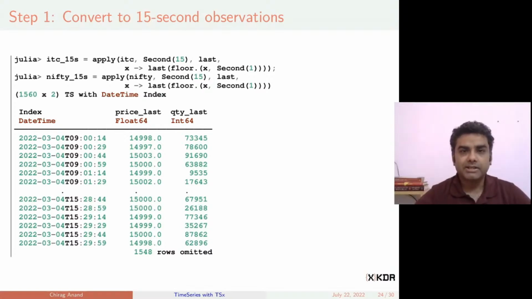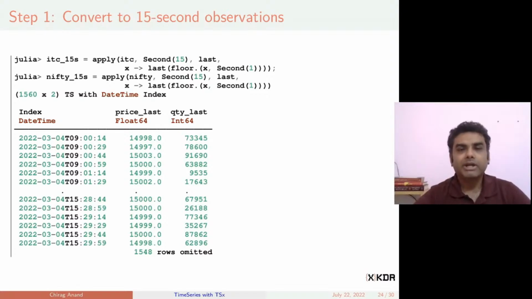In apply, it means that the data will be grouped for 15 seconds after every 15 seconds. Each group will contain all the observations which have happened in those 15 seconds.